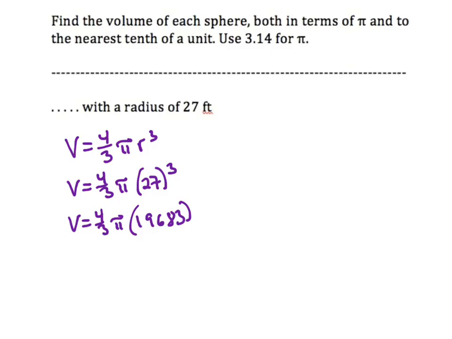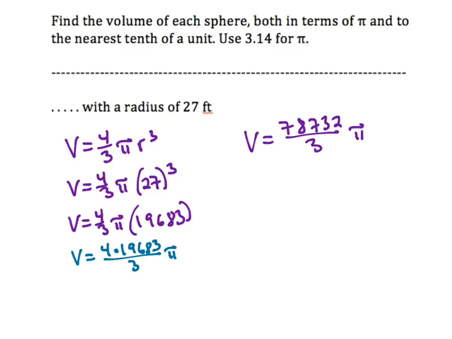Okay. Now I'm going to multiply 4 times that number and then divide by 3. So volume equals 4 times 19,683 divided by 3 times pi. Yes, there are other ways to do this. It doesn't really matter. I'm just trying to show you the simplest way, and the way that if you follow these steps, you'll always get there. All right, doing the math. Volume equals, I just multiplied 4 times that, I got 78,732 divided by 3 times pi.